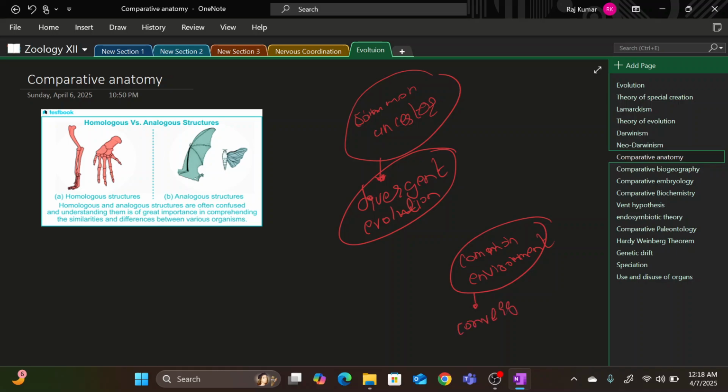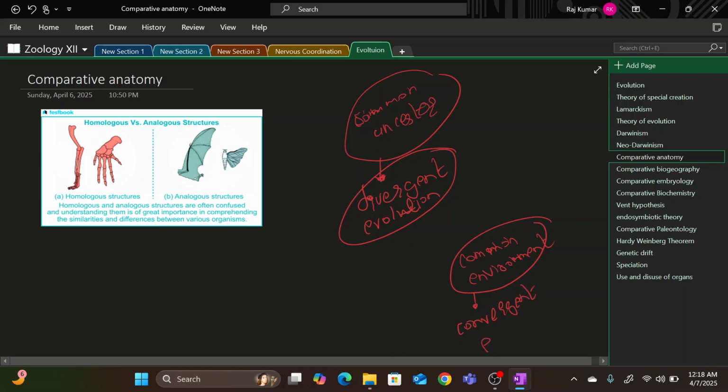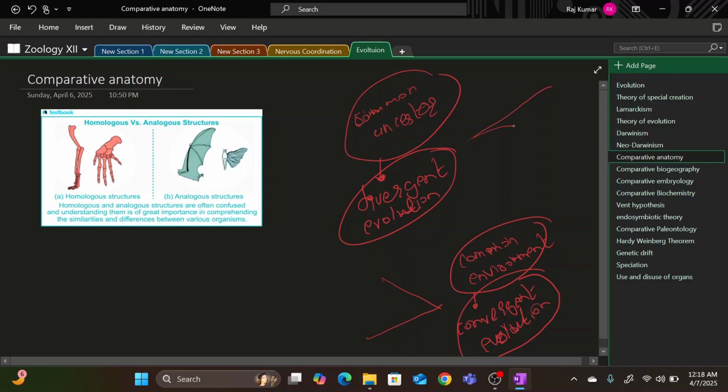Convergent evolution basically means that something is being converged: traits that were not similar to each other at all are converging at one point. Divergent evolution means something diverging from one thing. For example, this was the point of origin, and lines are diverging from that point.